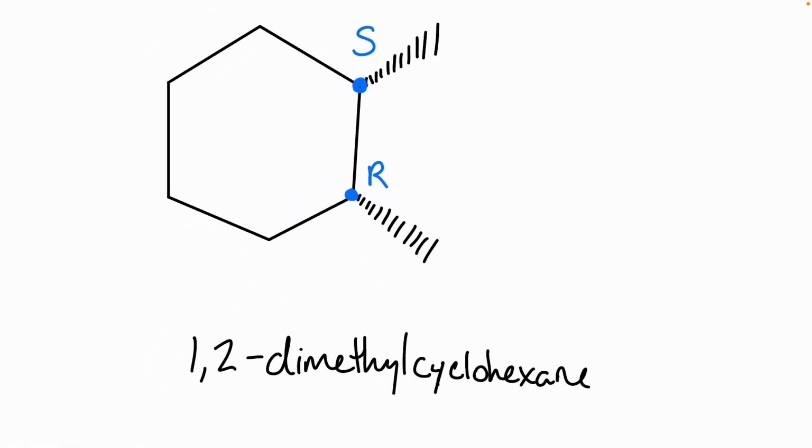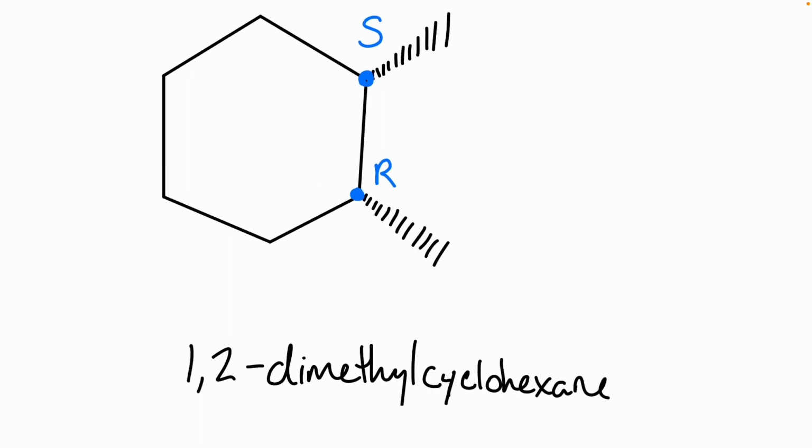Okay, since I have two chiral centers, I'm going to build this into my name. We also have another bit of a pickle here. When I was naming my 1,2-dimethylcyclohexane, it does not matter which carbon I called carbon 1 and which carbon I called carbon 2. Both of these numbering schemes are the same. But I'm going to have to pick one to name it because it will change now that I have one of them as S and one of them as R. So we sort of have a tie in our numbering schemes, and we're going to break that tie the same way that we've always broken our ties, which is alphabetical order.